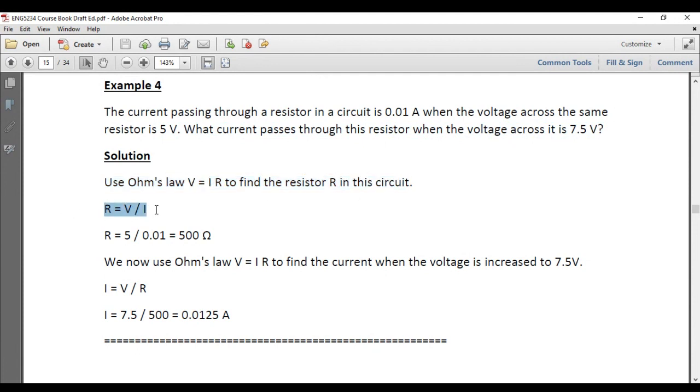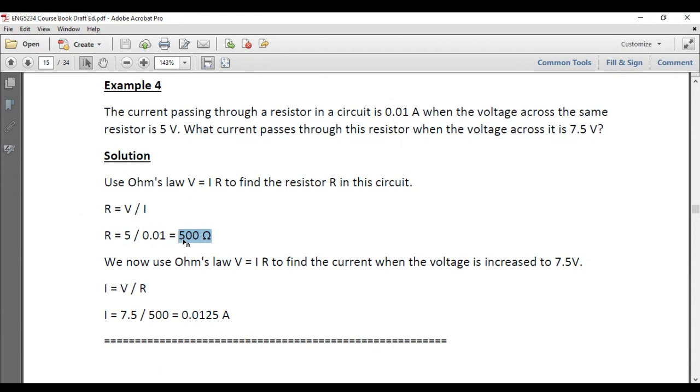So R is equal to V divided by I. V is 5 volts as given here, and I is 0.01 amperes as given in the first part of the question. So we came to know that the resistor is 500 ohms. He did not tell us anything about the resistor, but we found it. It's 500 ohms.